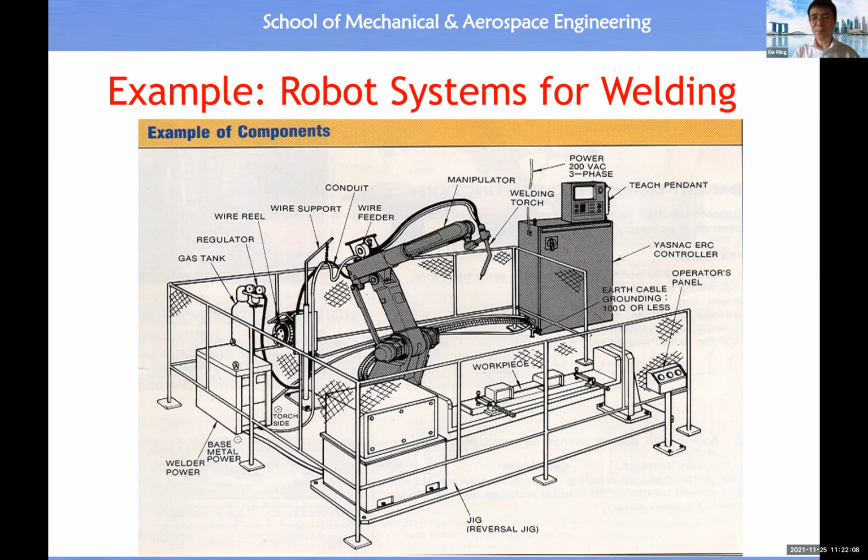The workspace is also a system which has a certain degree of freedom. All right, so you must have a system viewpoint about the robot. You should not say that robot just refers to this robotic arm. Actually, a robotic arm is just one subsystem inside the robot's overall system.